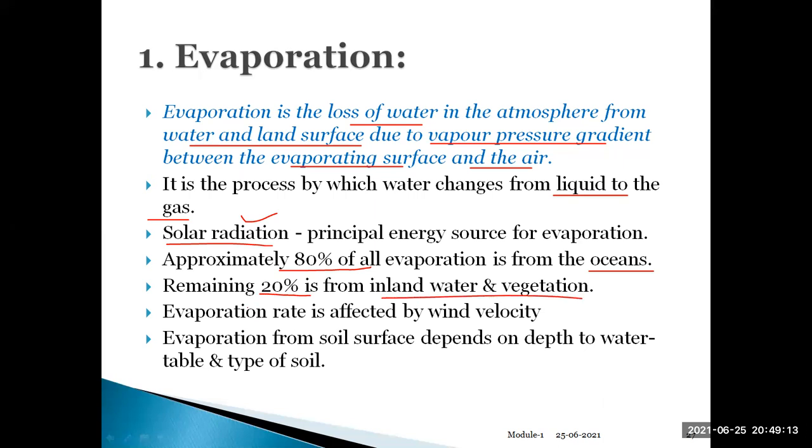The evaporation rate is affected mainly by the wind velocity. Evaporation from the soil surface depends on the depth of the water table and the type of soil, because based on the type of soil, the moisture content present in the soil will vary, and based on that, the evaporation will also vary.